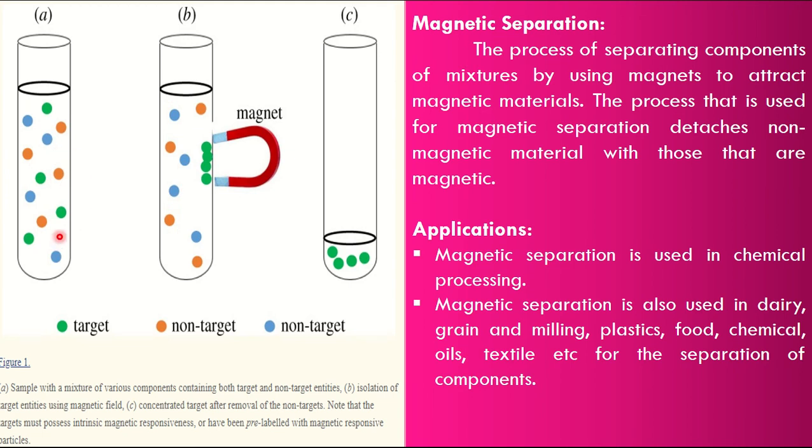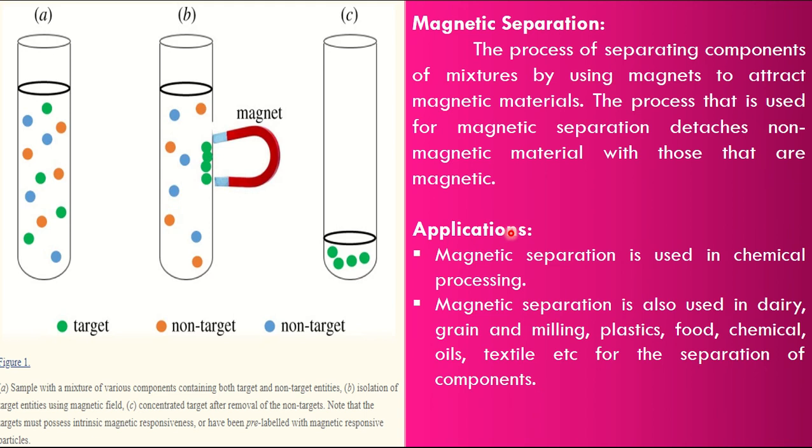If we want to separate the green particles which are magnetically responsive, if we place a magnet over here, it attracts the green particles which are magnetic responsive particles. So they are attracted towards the magnet. Then we can easily remove the unwanted particles over here.